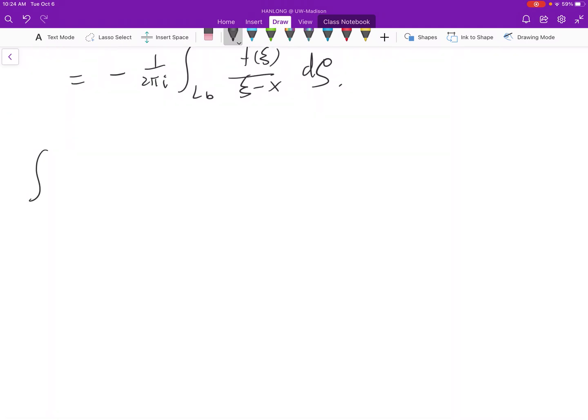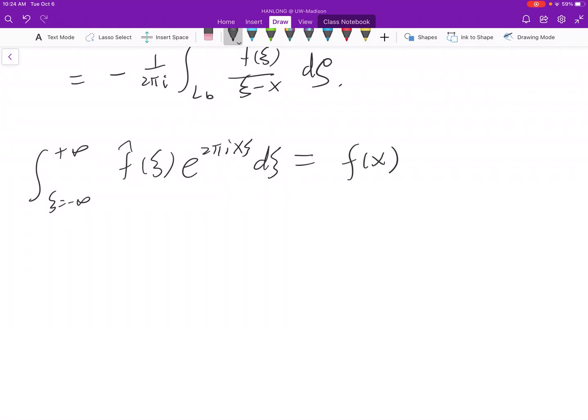Therefore, we prove that the integral of f hat c exponential 2 pi i x c dc, combining these two, equals the difference of these two line integrals. But then we prove that this is exactly f(x) from the Cauchy integral formula. Okay, then we are done with the Fourier inversion theorem.